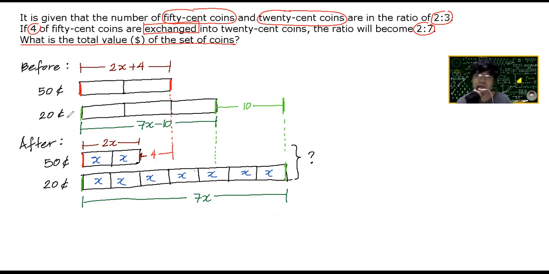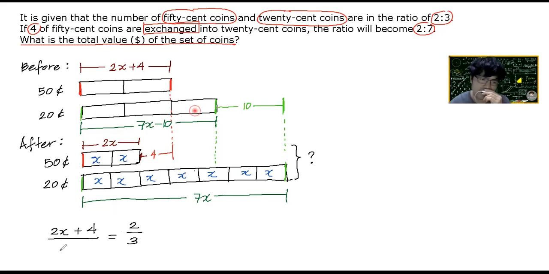If you look at it carefully, you will be able to say that 2x plus 4 represents the ratio of 2 is to 3. Again, the 3 units or the 3 bars we have here, let me highlight. First, 2 is to 3. This is the 2 is to 3. Now, for the number 2x plus 4, this is it. So that is 2. How about for number 3 blocks? That is 7x minus 10.